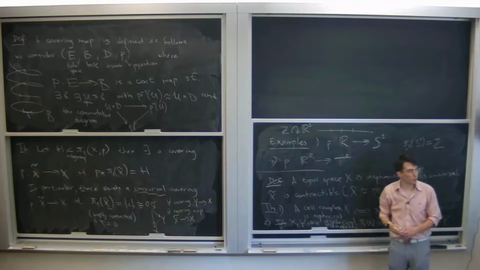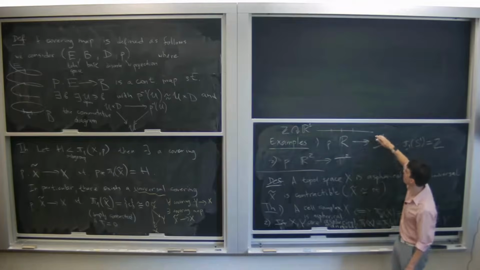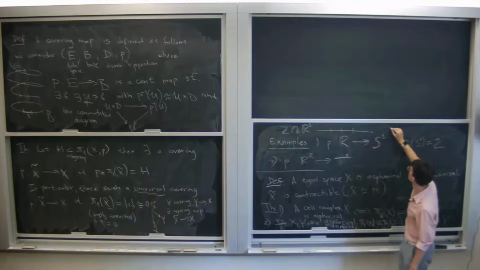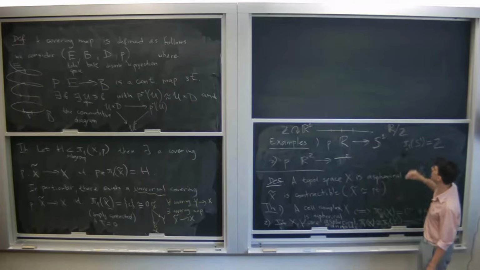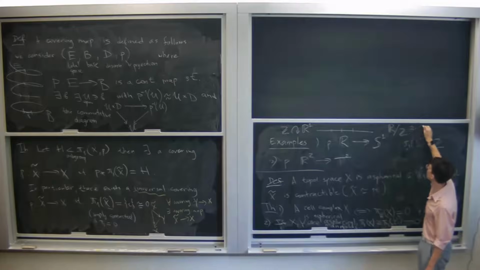Definitely these are homeomorphisms, and this gives the identification of R by Z with S1.